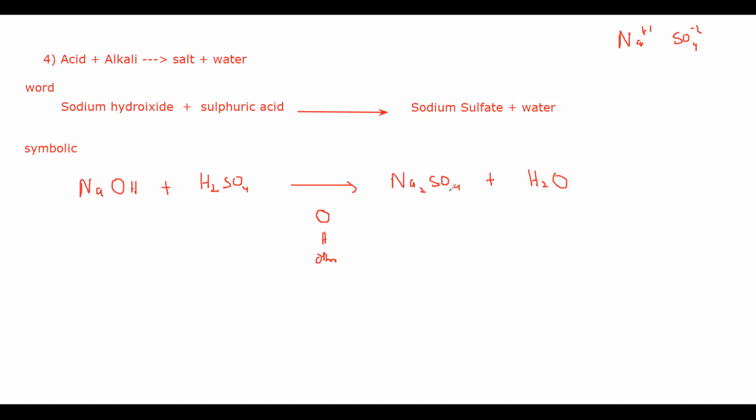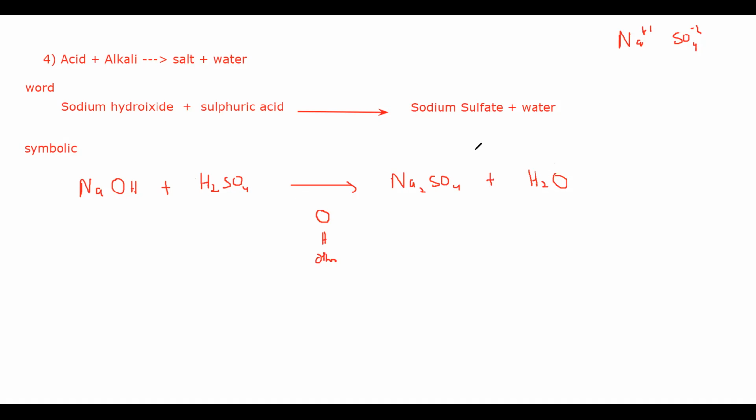Oxygen is balanced. What about hydrogen? We have 2 hydrogen here, and we have 2 + 1 = 3 hydrogen here. So it shows that the hydrogen is not balanced. So how can we balance hydrogen? Because this side we have 3 and this side we have 2.